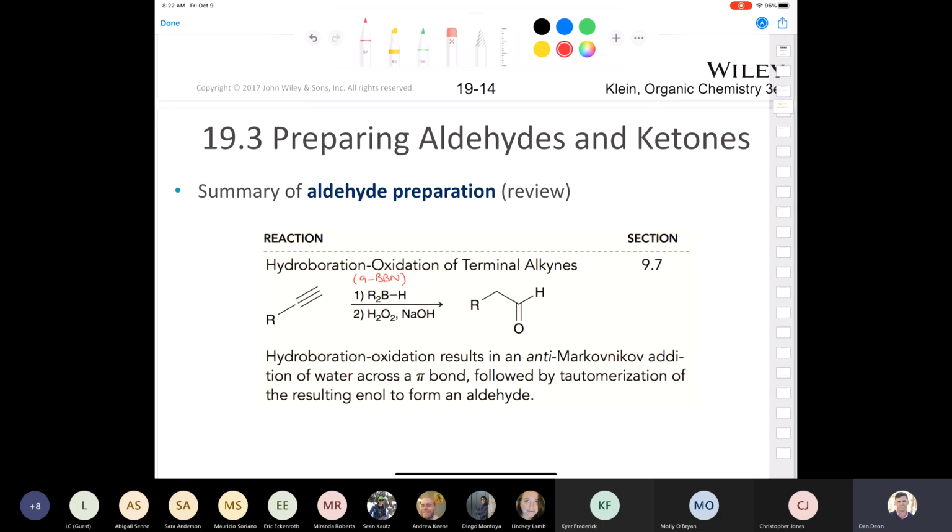And what this does is an anti-Markovnikov addition of water across the alkyne to produce this enol, which undergoes tautomerization, which is an isomerization by the migration of a proton and a double bond, to form the aldehyde.